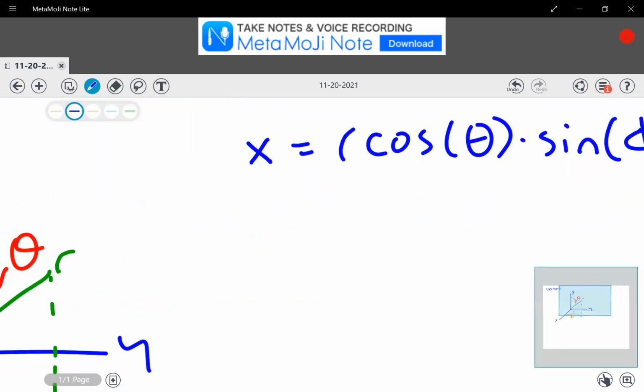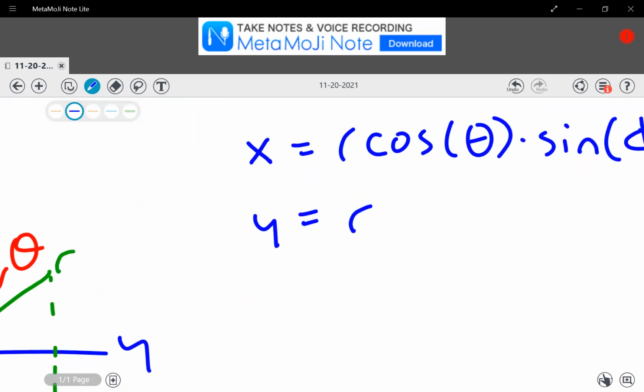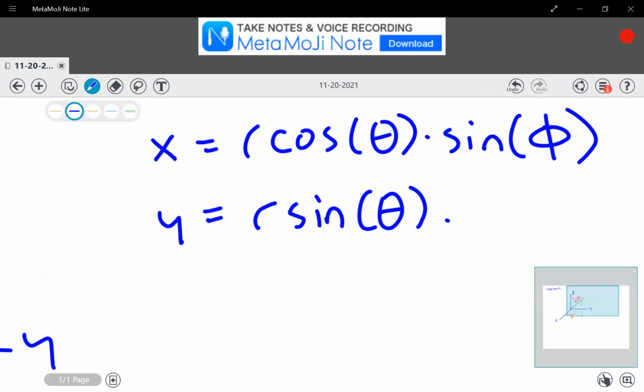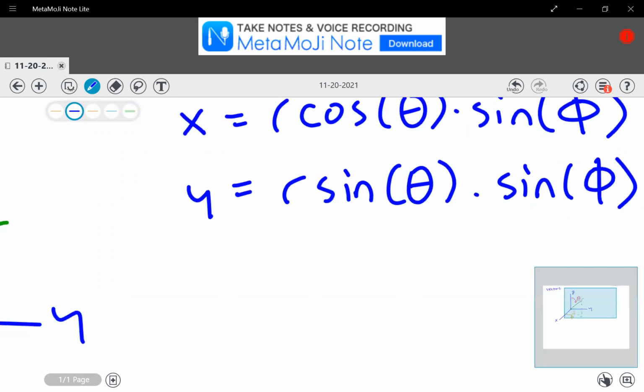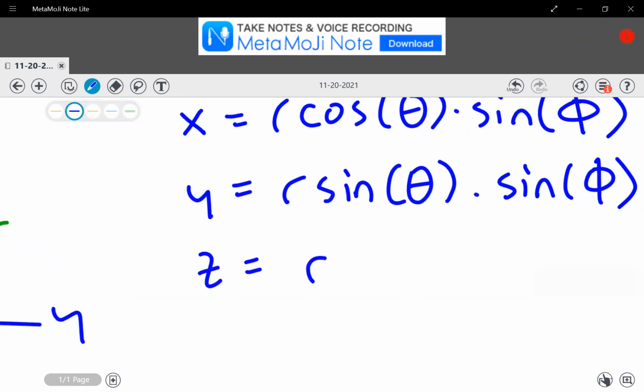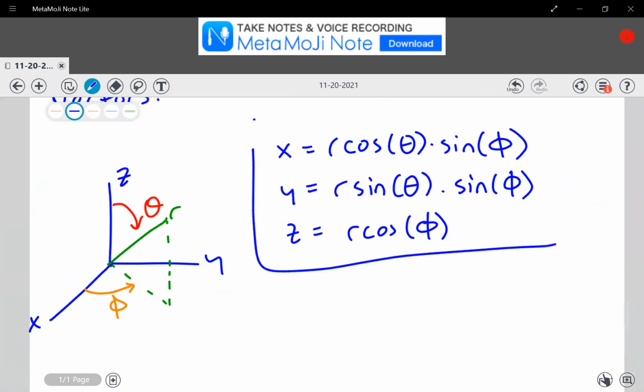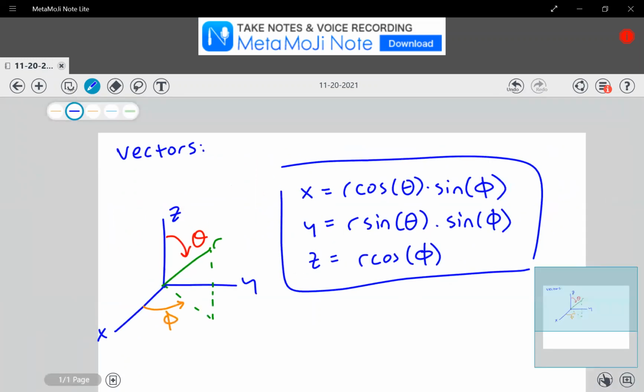Y is r sine of theta times sine of phi. And finally, z is r cosine of phi. All right. Feel free to take a screenshot.